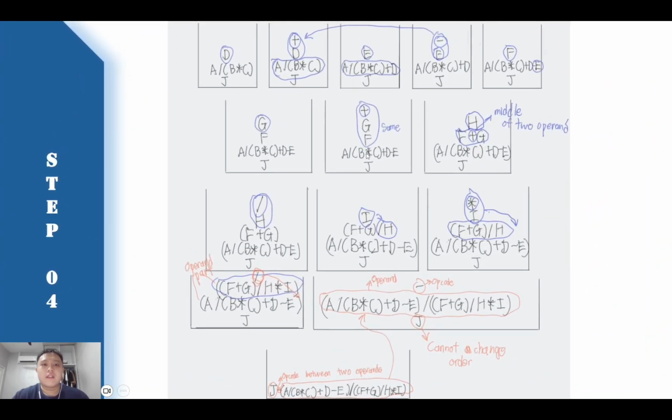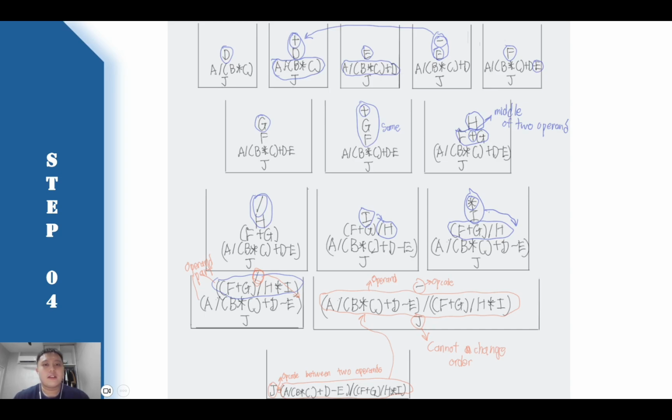In step 4, as we can see, we continuously add D, and then D add, based on the question. And then you can see this by order. We cannot change the operand's position. Remember, the operand's position will always be the same. Only the opcode will change, and when we meet one operand with one opcode, that means we have to combine it with D, right?